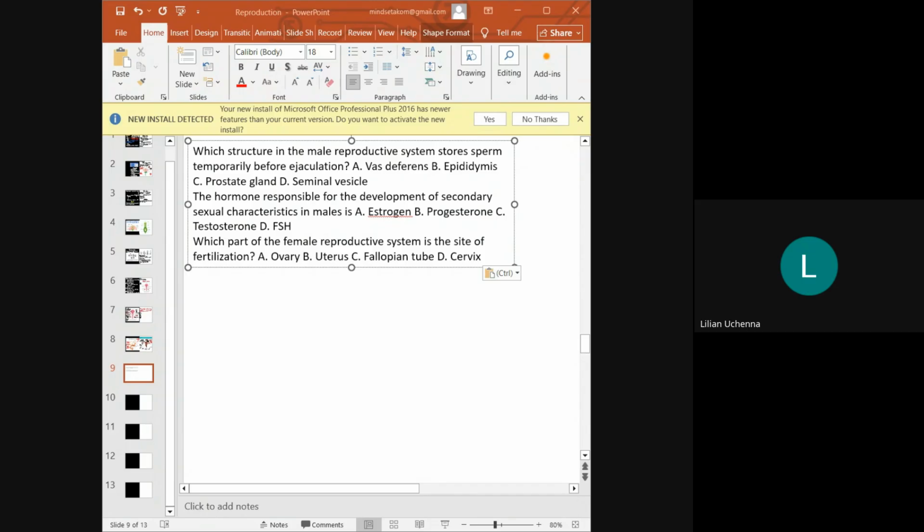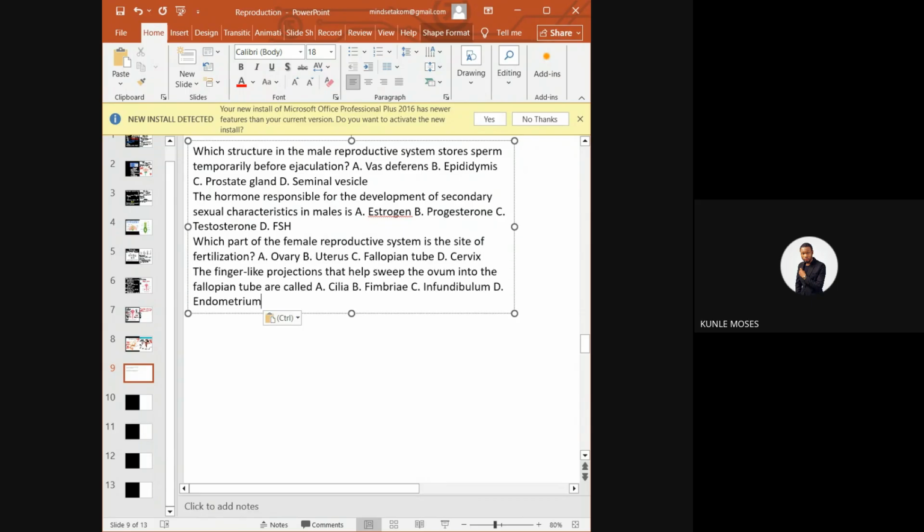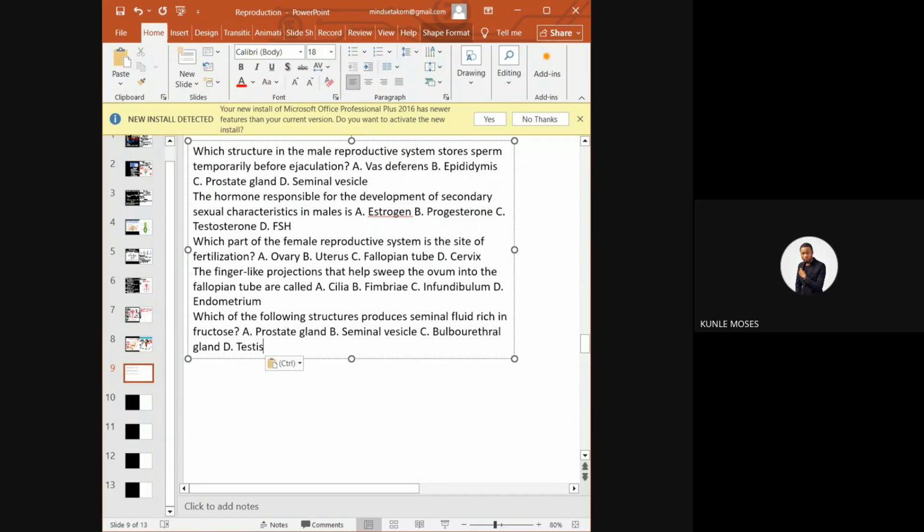Fimbriae. Very good. And then which of the following structures produces seminal fluid that is rich in fructose? Seminal vesicle.